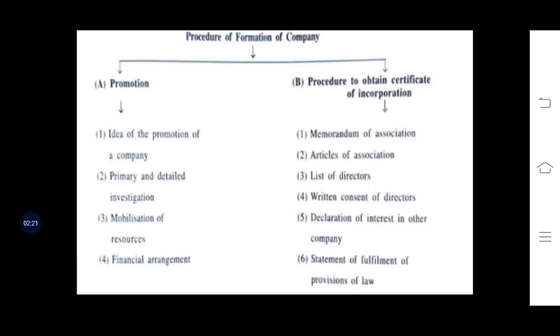Second, Articles of Association. Third, List of Directors. Fourth, Written Consent of Directors. Fifth, Declaration of Interest in Other Company. And the last one, Statement of Fulfillment of Provisions of Law. So these many documents have to be submitted before the Registrar of Company.